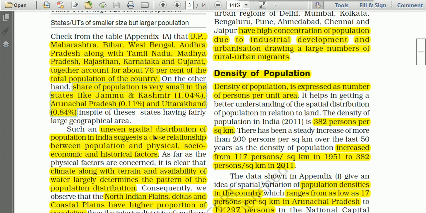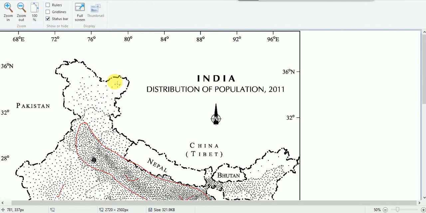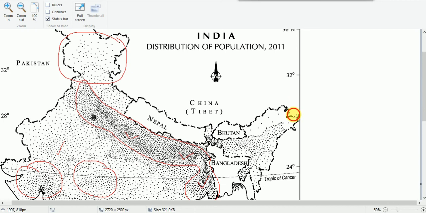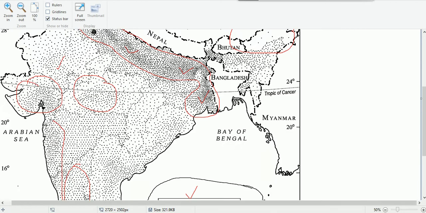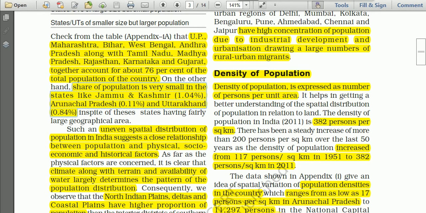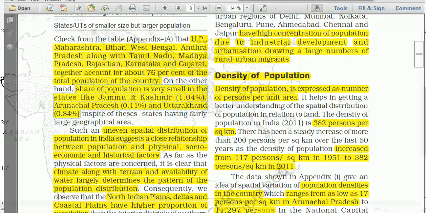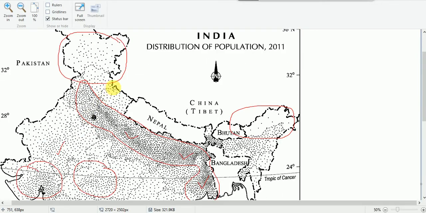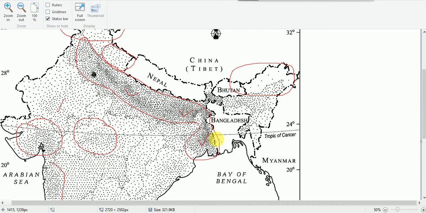See here, the number of dots is less in states like Jammu and Kashmir, Arunachal Pradesh, and Uttarakhand. Uttarakhand is here. So all these states have a very small population.